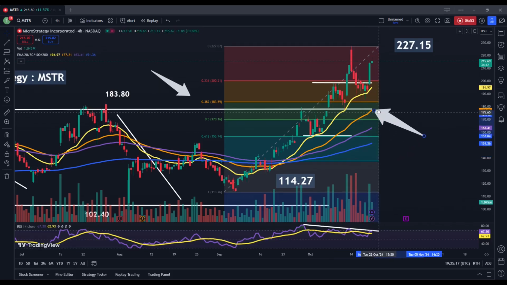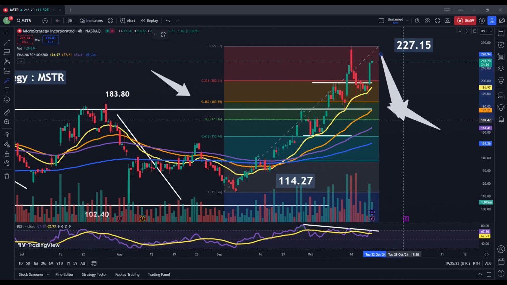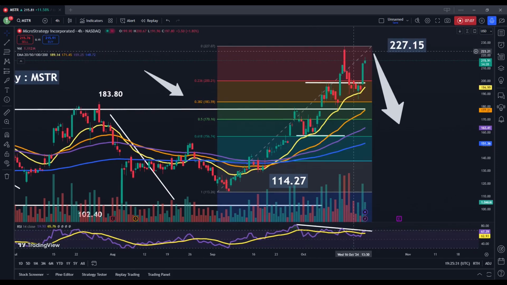So if we did see this moving average move into this area, and then we saw share prices break lower, that would be a warning signal. That would be the problem. Also, another potential problem that we could see here would be a failure into this prior resistance zone at 227.15. So if we did see a failure there, that would be another problem to the downside.